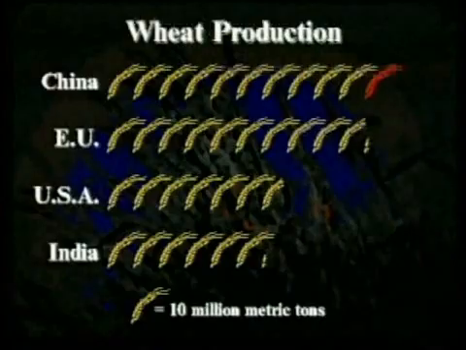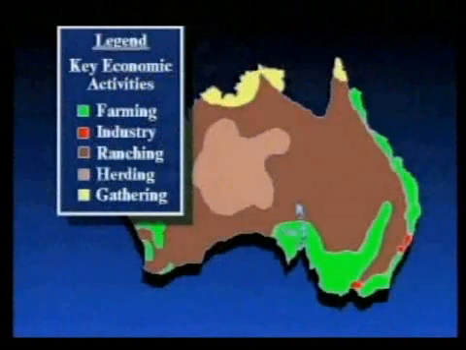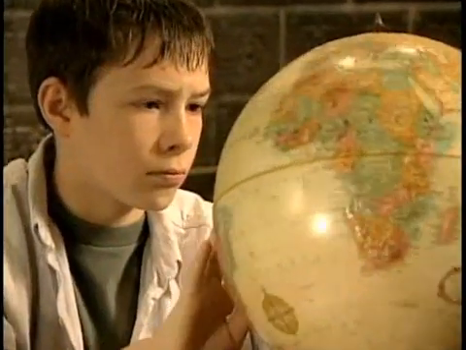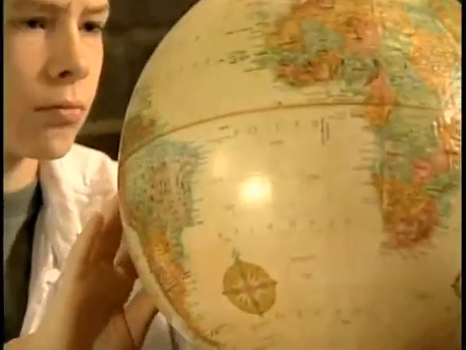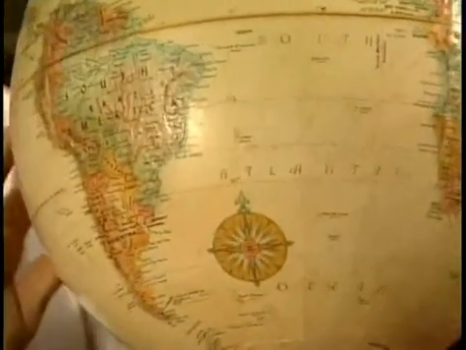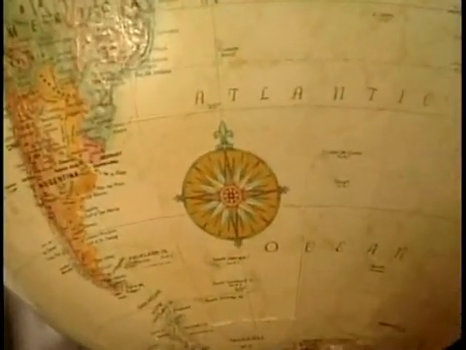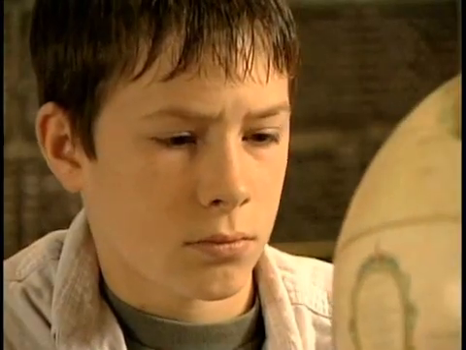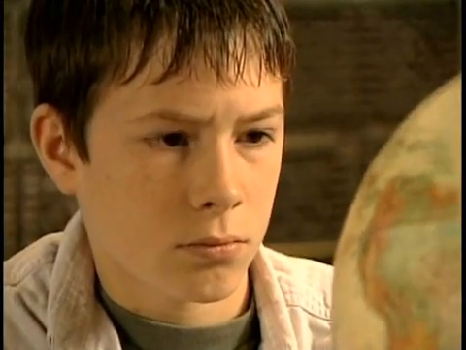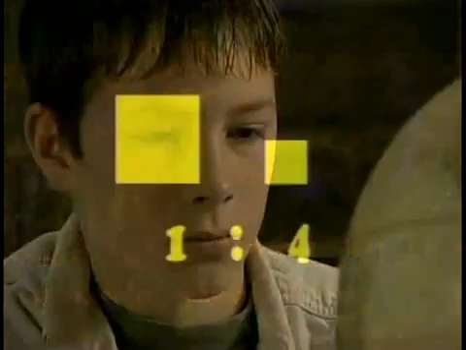In short then, charts, maps, and globes show data in a way that can help us understand many different aspects of geography quickly and efficiently. But before we can use them, we need to understand some basics.